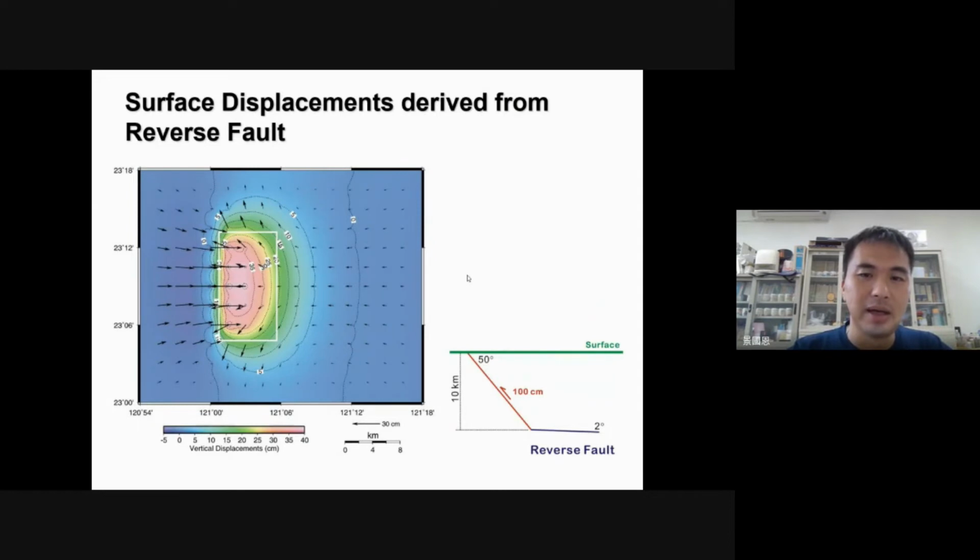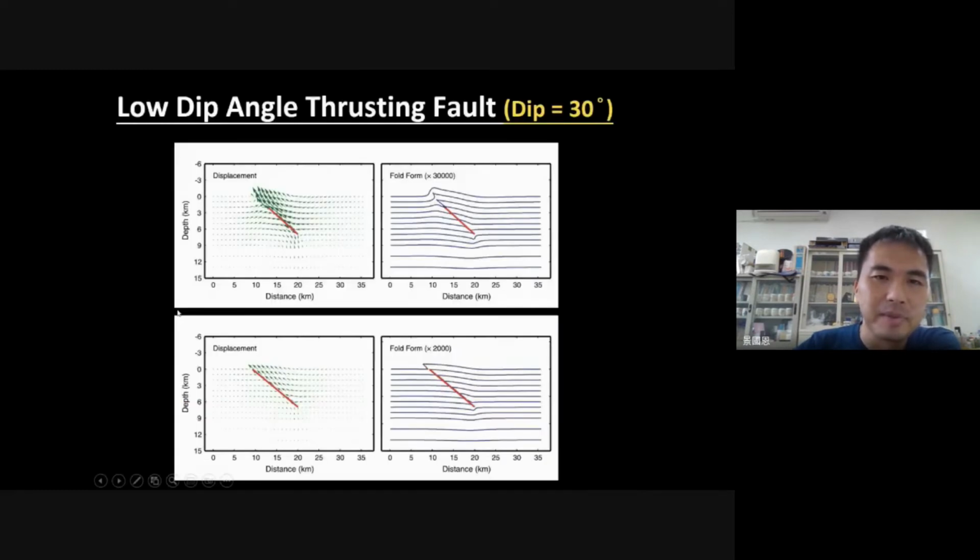However, if it is a high angle reverse fault like this, the dip angle is around 50 degrees, then you will see the pattern of the horizontal displacement is different. The vectors on this side are smaller, but the vectors over here are high.